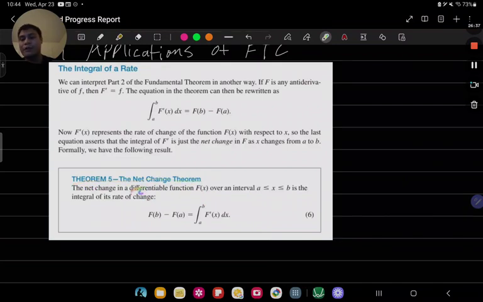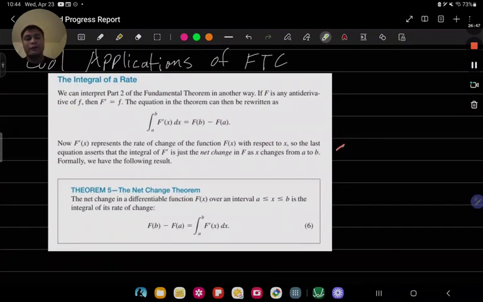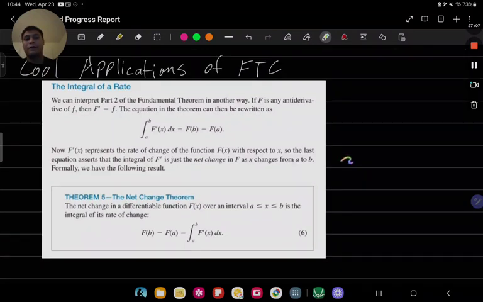The net change of a differentiable function over an interval. So really, if I had a spatial function or some kind of position function, s prime, that's v, that's velocity. And the rate of change of velocity, that's acceleration. That's the whole point of FTC1: there's a function, and when I differentiate it, I get the derivative.